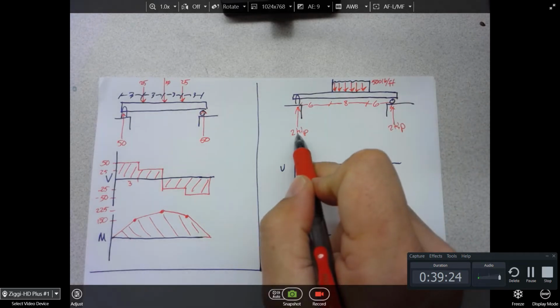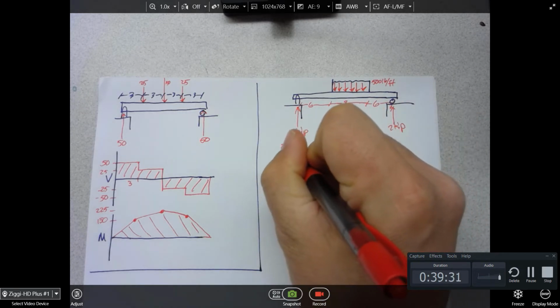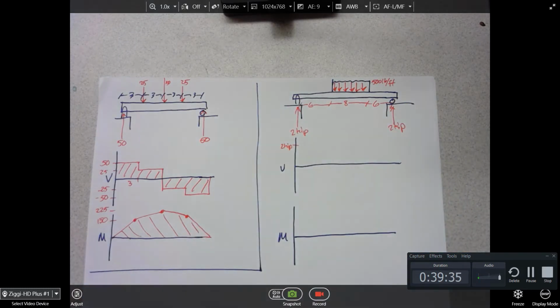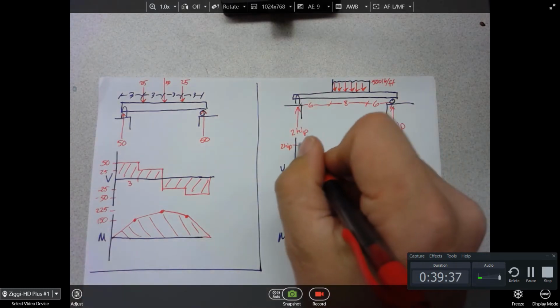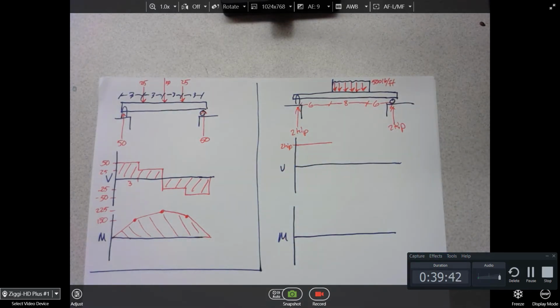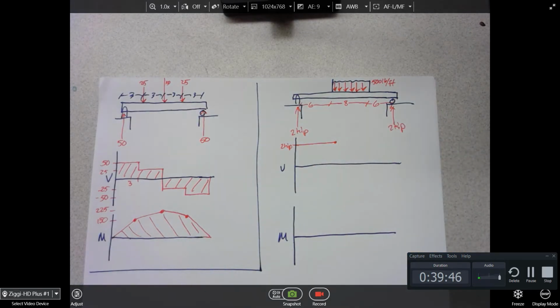What happens at the reaction of 2 kip in our shear diagram? We jump up 2 kip. Okay. Does anything happen in the next 6 feet? Nothing happens, so we just stay there. Okay. When we get to 6 feet, though, we have this distributed load. Do we jump down? No. What's the distributed load tell us? It's a slope.